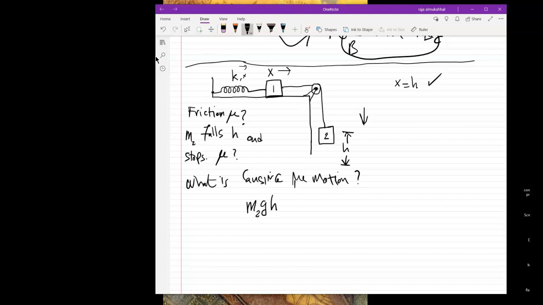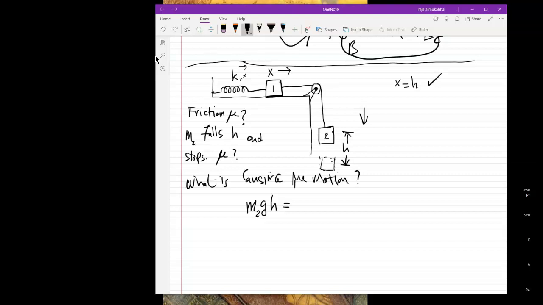Now, when I let go, this loss in potential, it went from here to here. This loss in potential is equal to the gain of kinetic and spring potential here. Make sense? So it is a gain in the kinetic, but let's take the situation where now block 2 is here.